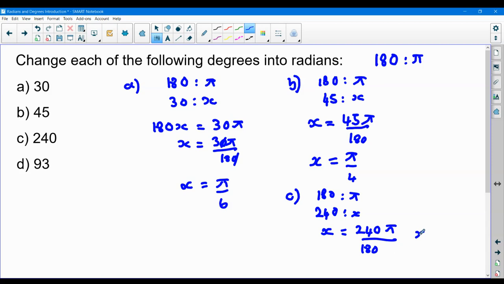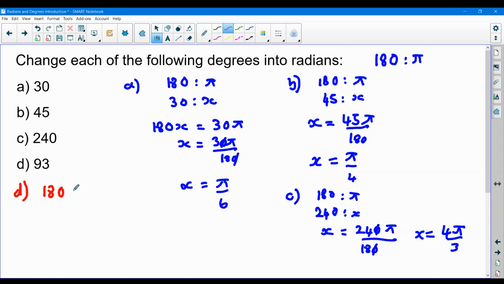And if I divide both of these by 6, I get x equals 4 pi divided by 3. Now that was good. All of those I did without having to use a calculator. And you can pause this and have a look to check the maths on each one.